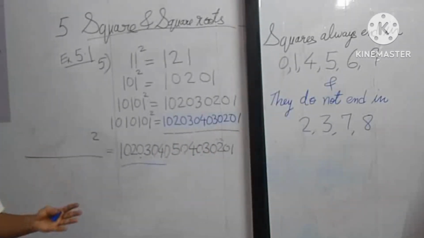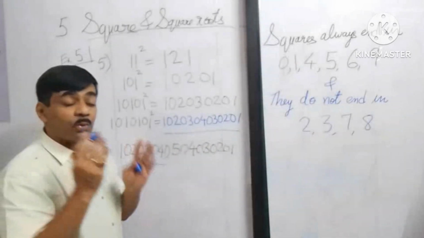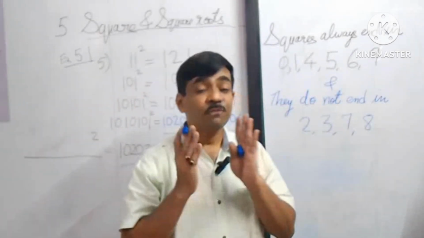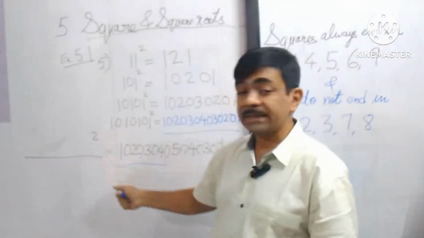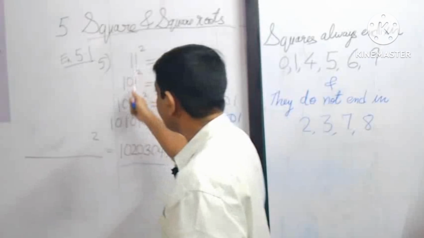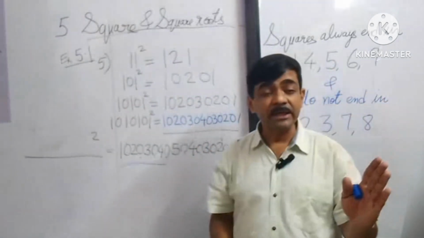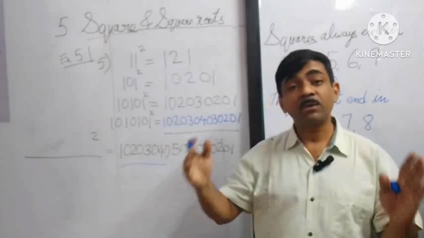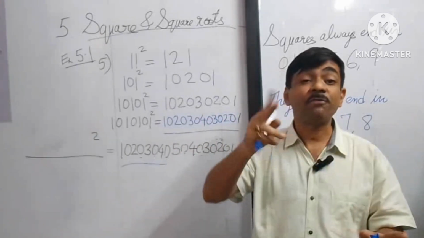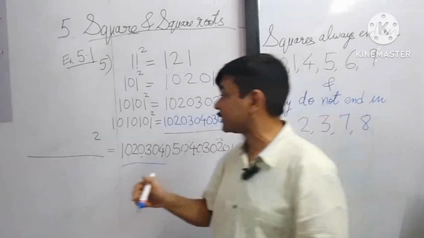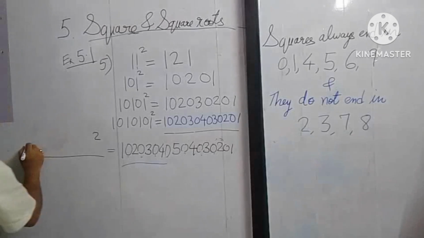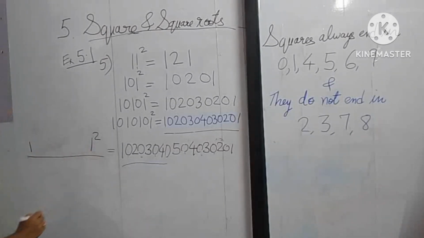So if it is 8 on the left hand side, the original number will have 4 zeros in the entire number. On the same format, 1 0, 2 zeros, 3 zeros. So the starting number would be 1, the ending number would be 1. In between, you'll have alternate 4 zeros. So I start with 1, I end with 1.